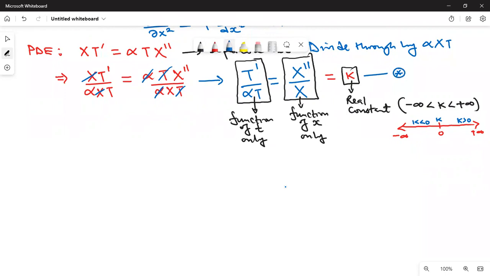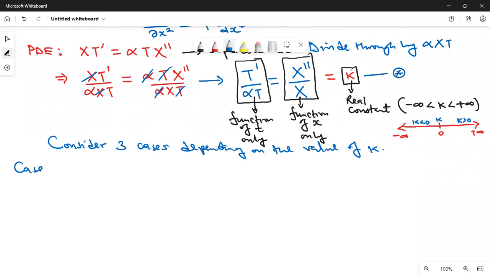And now we are going to consider three cases depending on the value of k. Now the first one, case 1, let's start with when k is negative. So case 1 is the case where k is less than 0.